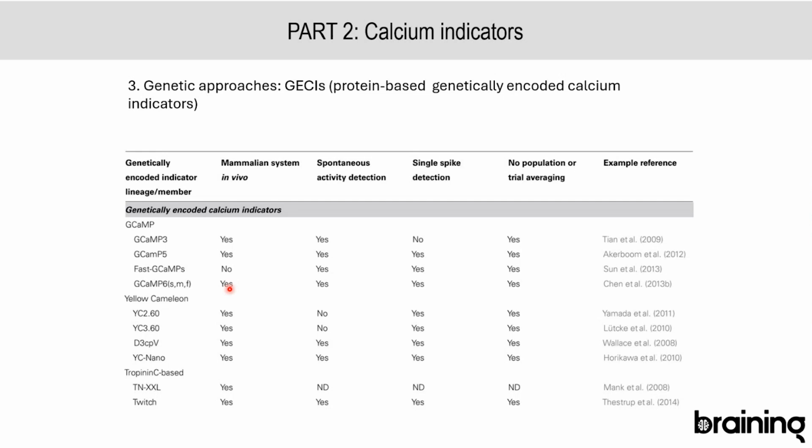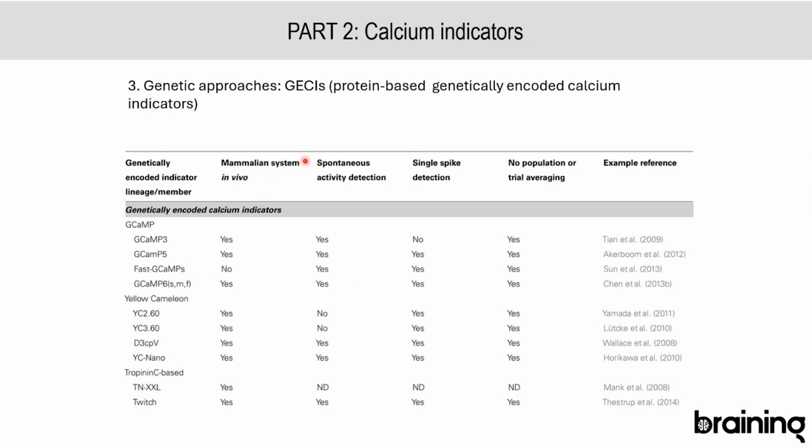We also have different types of yellow chameleon and also different types of the troponin C based proteins. All of them can be used to measure the calcium levels in different systems. As you can see, some of them, for instance this fast GCaMP, are not so recommended for the mammalian system in vivo.